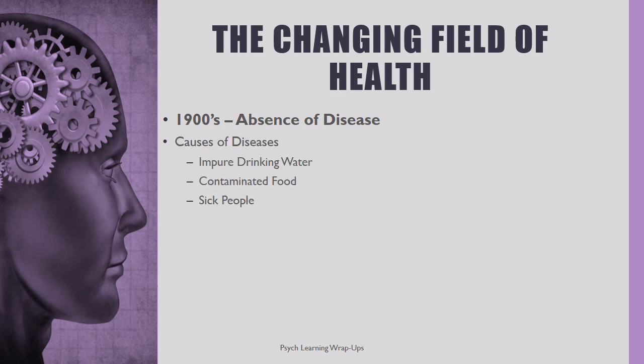The causes of diseases were considered to be contracting impure drinking water or contaminated food, or contact with sick people. There was also one more issue, the lack of cure available. When people used to get ill, it was perceived that they would not get better and would eventually die.